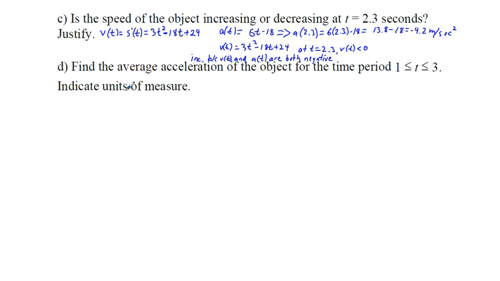We can write that. Okay, D, find the average acceleration of the object for the time period from 1 to 3 seconds, indicate units of measure. Well, average velocity, or excuse me, average acceleration is going to be the average rate of change of velocity.